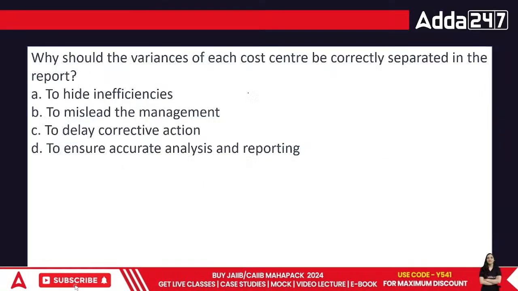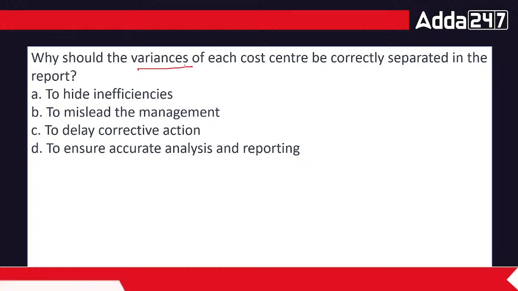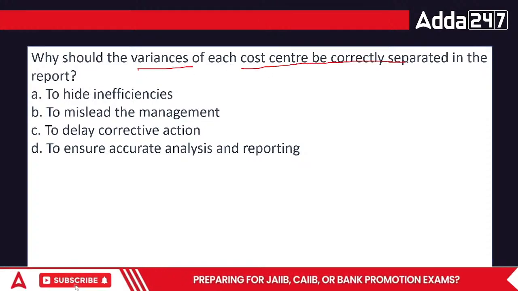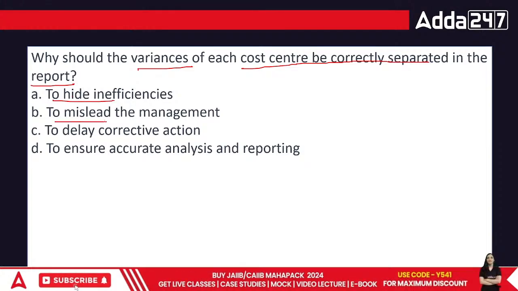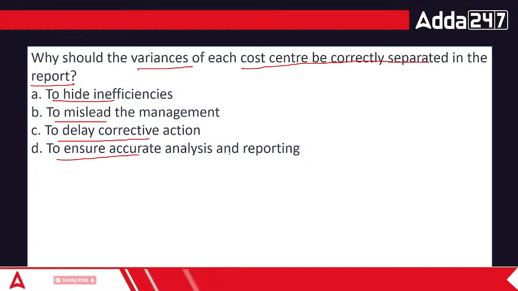Next point, why should the variance of each cost center be correctly separated in the report? To hide inefficiencies, to mislead the management, to delay corrective action, or to ensure accurate analysis and reporting?